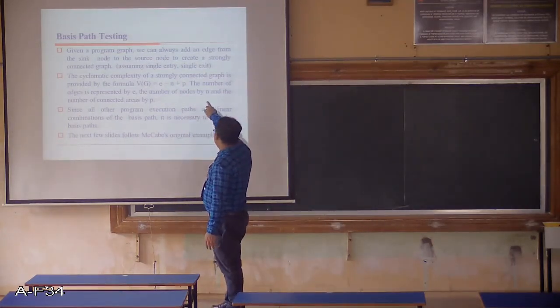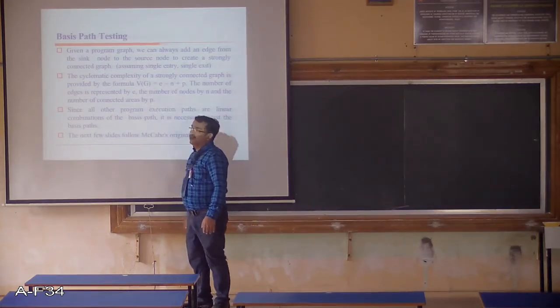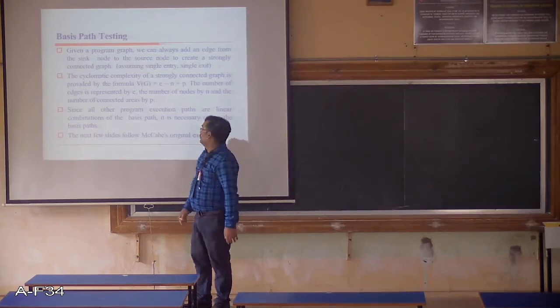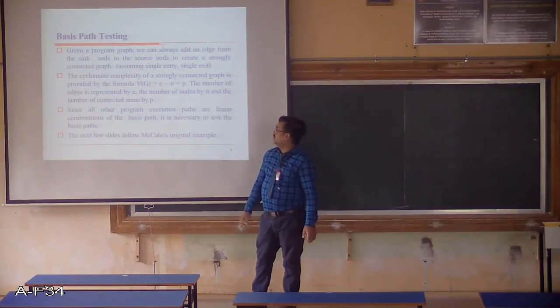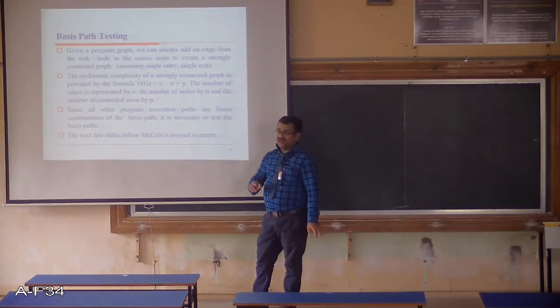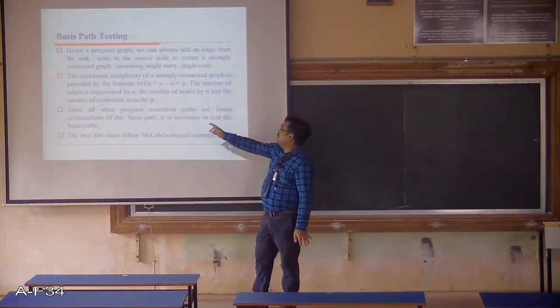Cyclomatic complexity of a strongly connected graph is provided by the formula. This is the formula for calculating the cyclomatic complexity. Now, what are the components of this formula? That is E minus N plus P. What is E? E is the number of edges, N means the number of nodes, and P means the number of connected areas.